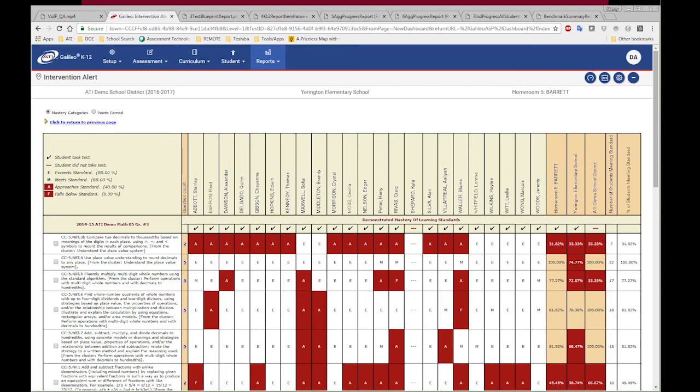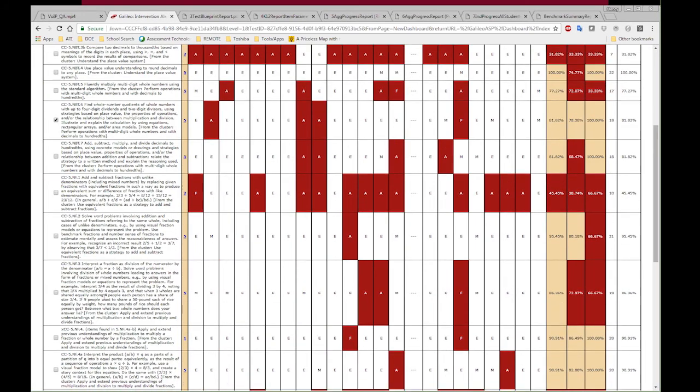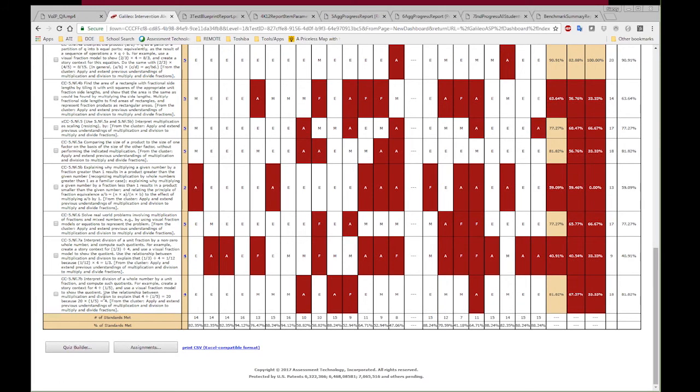You can see in front of each standard there is a checkbox. I know that I have taught this standard and my students should have mastered it. So I'm going to select that box in order to know what standards I need to help my students with. And I can help them one of 2 ways.